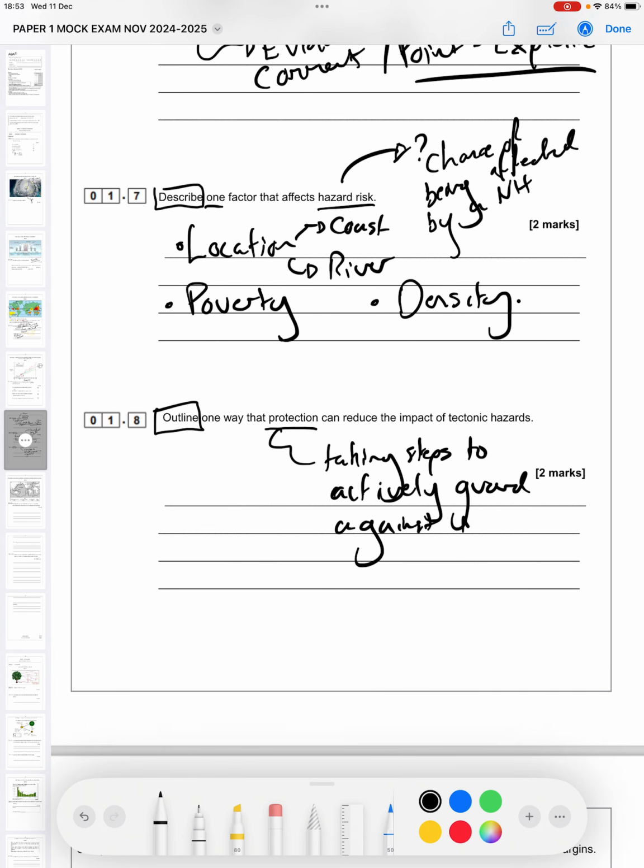So this is different to monitoring and prediction and planning, because this is, for example, building earthquake-resistant buildings with things like shock absorbers, or maybe shutters over the windows so they don't shatter and hurt people, or maybe mass dampeners in the top of the building to stop the sway from happening too much.